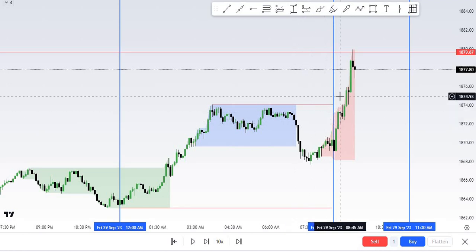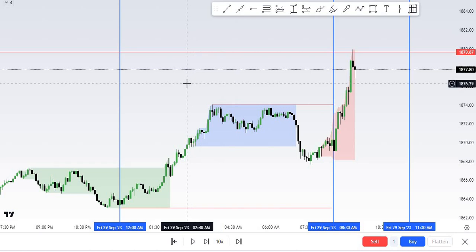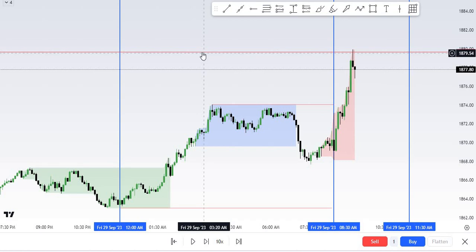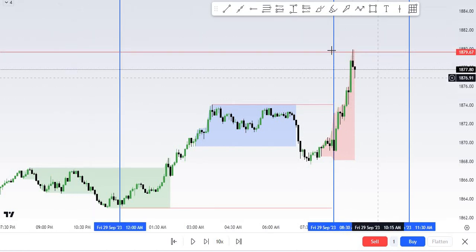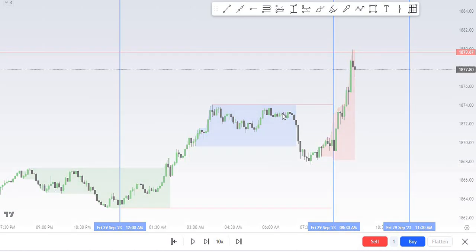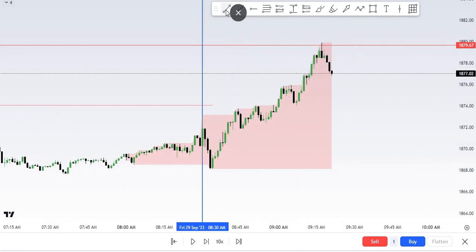Once price swept that one, then I waited for a fair value gap. Here is a fair value gap of 1 hour and 4 hour. And the most important thing, this is the previous day London New York session high. So it swept, once it swept in the 5-minute time frame and closed downside, then what I did, I simply shifted to the 1-minute time frame and waited for a market structure shift and a trade setup.